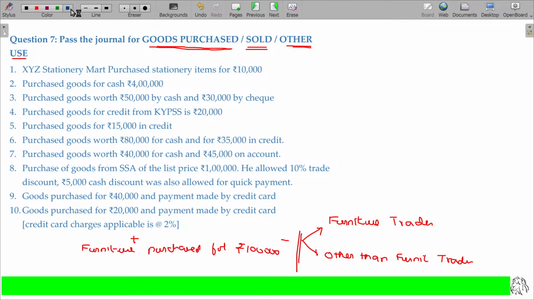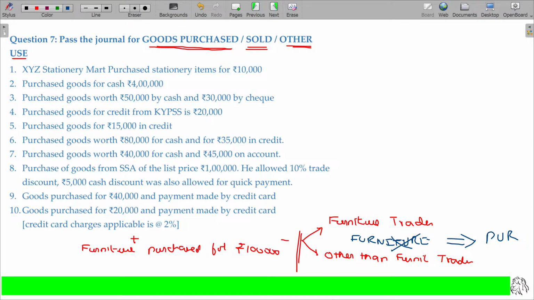In that case, furniture will be replaced with purchases. When we use the term purchases here, I am purchasing for resale, which is my business activity, where on resale I am making a profit. Then those purchases will always be named as purchases.